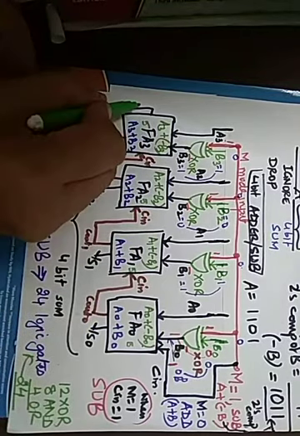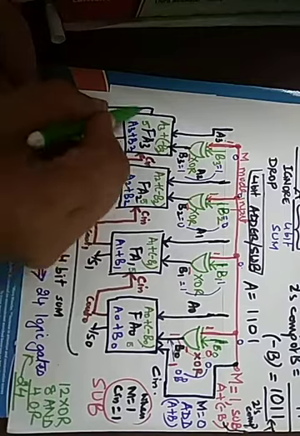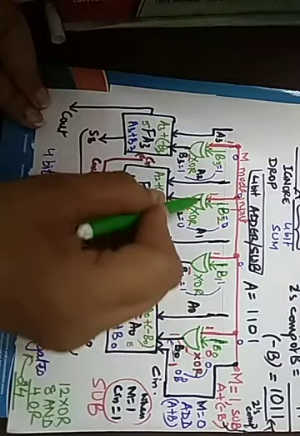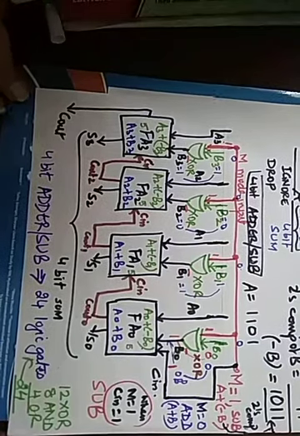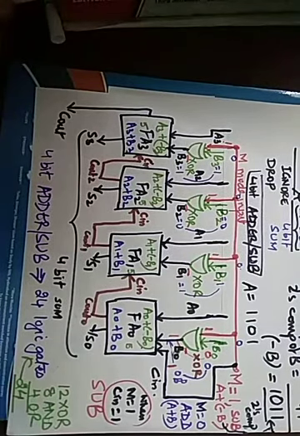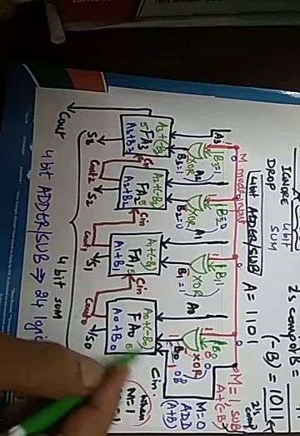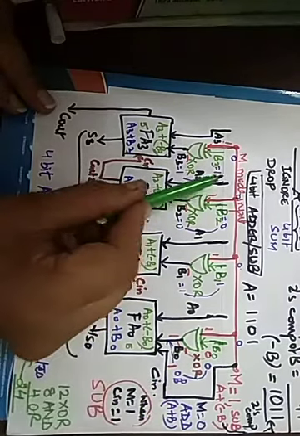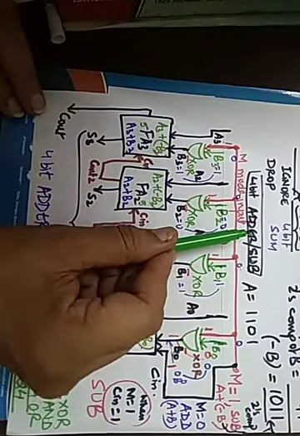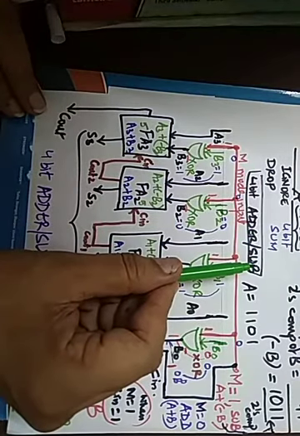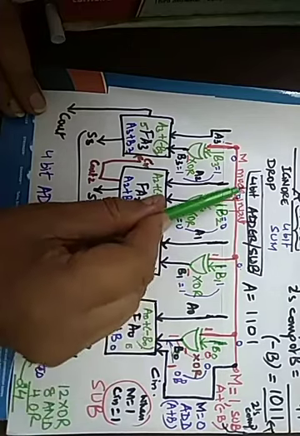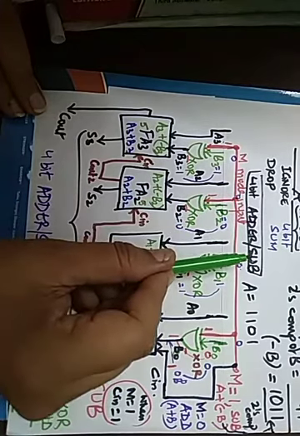So there are 5 plus 5 plus 5 plus 5, 20, plus these 4, 24 logic gates. So this is how 24 logic gates can be connected in this manner to perform the function of 4-bit addition, subtraction, and the circuit is called the 4-bit adder subtractor.